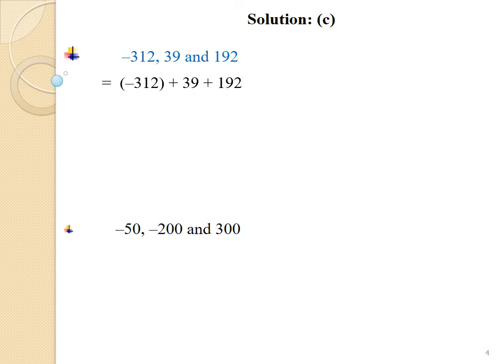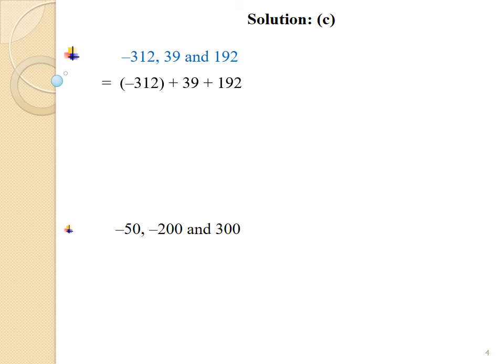Students, we can make a group or pair of numbers when there are more than two integers in order to make our calculations simple and fast. We have to make a pair of two integers.